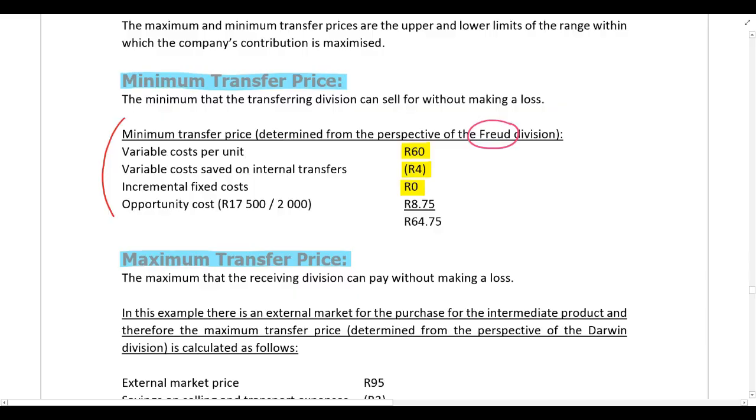So all you need to do now is we are trying to calculate a transfer price for 2,000 units. So you need to share that opportunity cost amongst all units that will be transferred. So to get a cost per unit, you just take your total opportunity cost and you divide by the units that are being transferred.